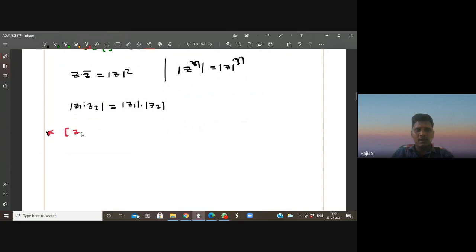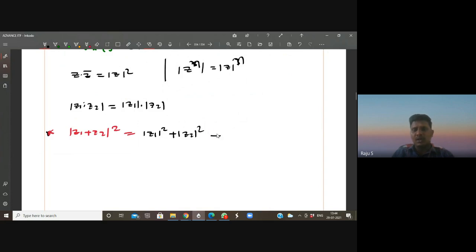See here, in advanced level we can use a few properties. What is modulus z1 plus z2 the whole square? This is equal to, like a plus b whole square, modulus z1 the whole square plus modulus z2 the whole square, because a square plus b square.